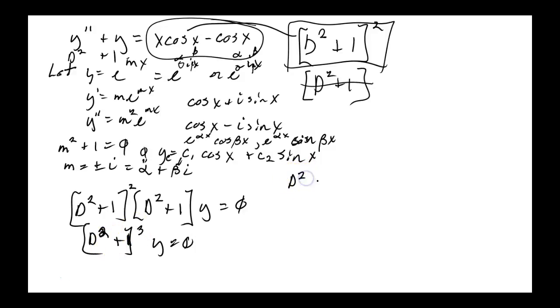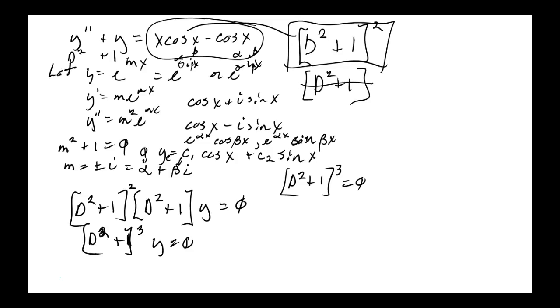D squared plus 1 cubed has got to be equal to 0. It's operating on 1. Sorry about that, I said that poorly. Let me erase this.